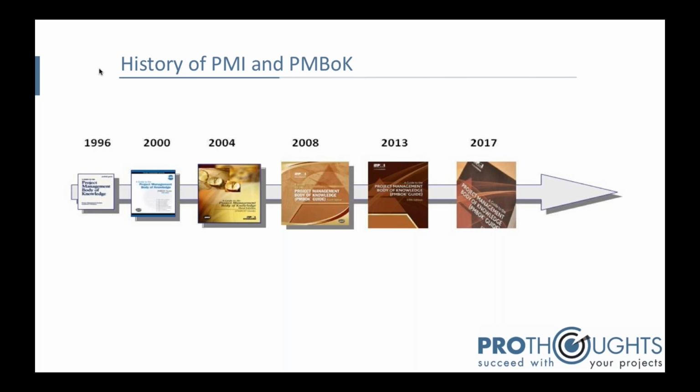So, for example, in 2018, they came up with the PMBOK 6th edition, which talks about hybrid methodology. So they say that you can use agile in a traditional project as well. So the PMBOK 6th edition introduces agile as a part of traditional methodology. Okay, and they advocate a hybrid approach.